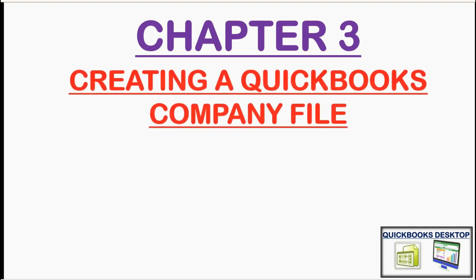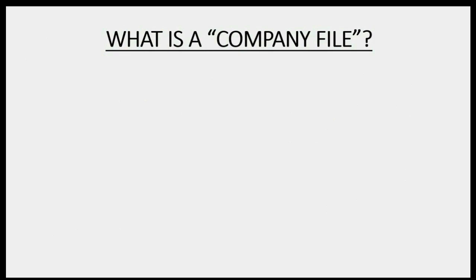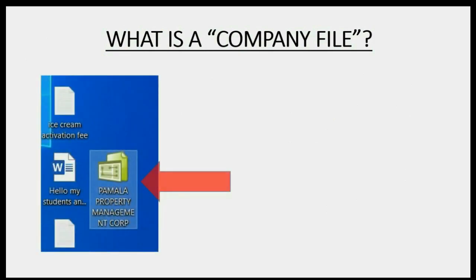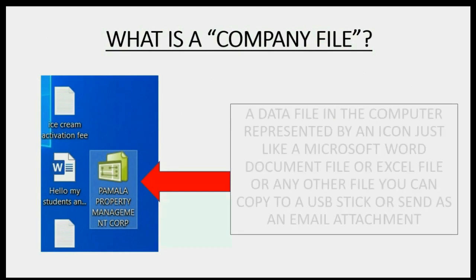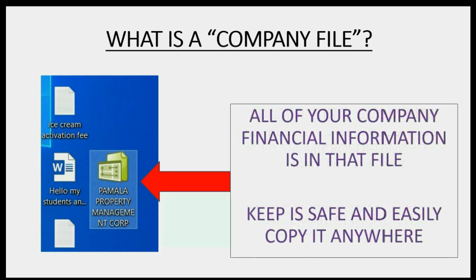Chapter 3. Creating a QuickBooks Company File. Now you may well ask, what is a company file in QuickBooks Desktop? Well, it's simply a data file in the computer represented by an icon, just like Microsoft Word or Excel represents their files, or any other software where you can make a file and copy it onto a USB stick or send it as an email attachment, or one way or another easily transfer the file with all of the data to another computer.